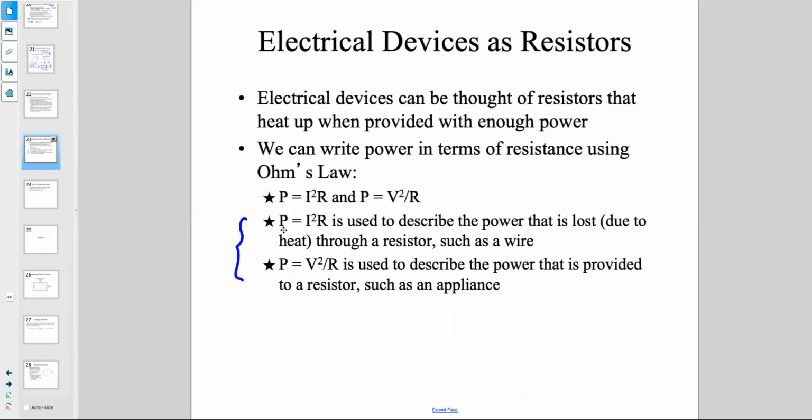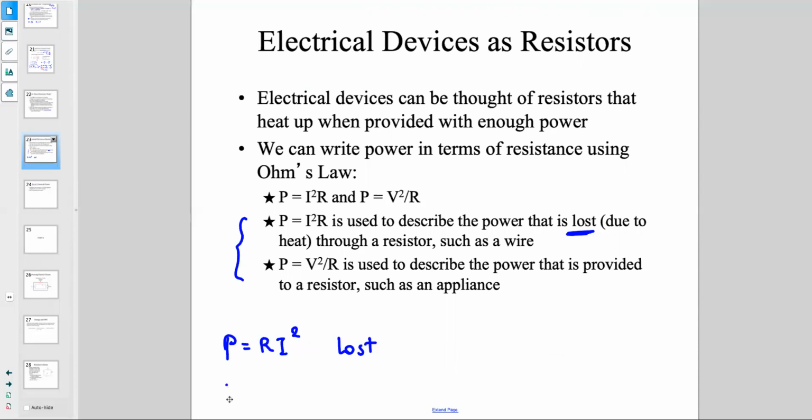P equals R I squared is used to describe the power that is lost, due to the heat through a resistor such as a wire.